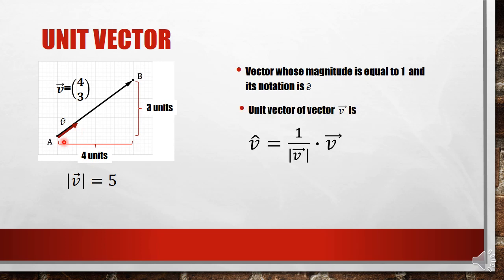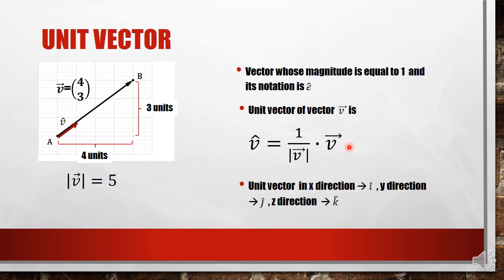So in general, the unit vector is 1 divided by the length of the vector, multiplied by the vector. Okay, this is the unit vector. And the unit vector in the x direction in Cartesian coordinates, we write as i, in the y direction as j, and in the z direction as k. This is the unit vector in Cartesian coordinates.